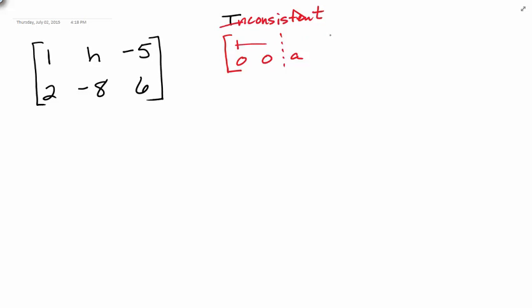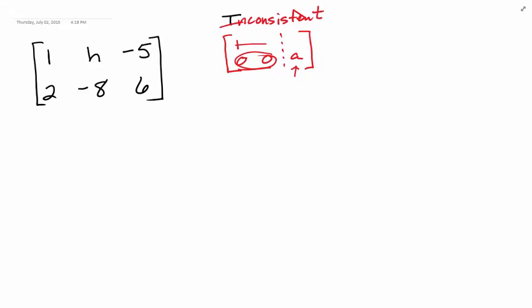It doesn't really matter what's on this top row, because in that bottom row you have these two zeros and a non-zero term. So that's what we've got to avoid. We have to avoid wiping out all of one row. So we have to make sure that we choose h so that that doesn't happen.